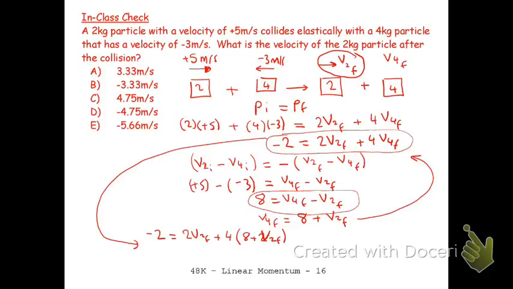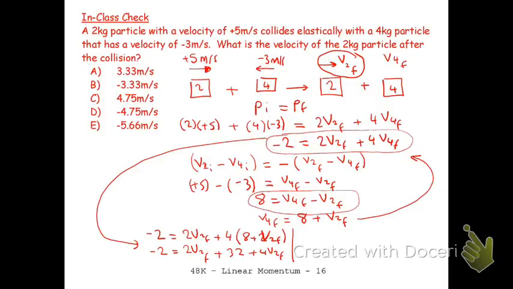So I just substituted that 8 plus V2 final in for the V4 final. Now let's expand that. Minus 2 is equal to 2V2 final plus 4 8s are 32. I'm sorry, I got my equal sign wrong. Plus 4V2 final.